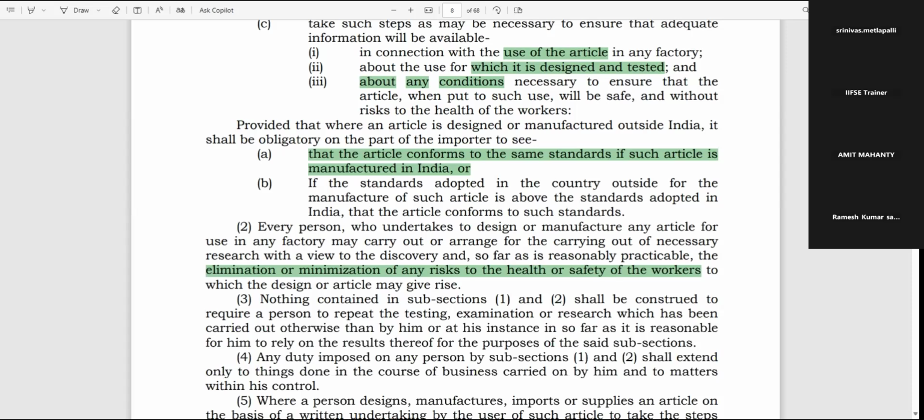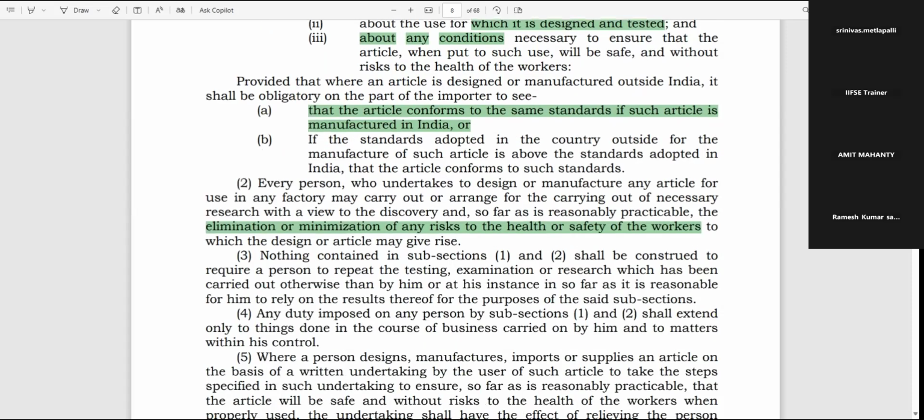Whatever standards we have in India, it should meet that requirement. If standards are adopted in the country outside for the manufacturing of such articles, the standards adopted in India, the article conforms to such standards. Okay, both the standards have to be applicable.